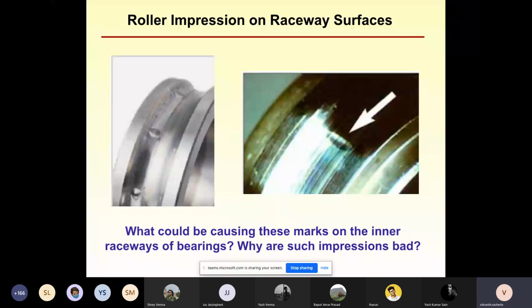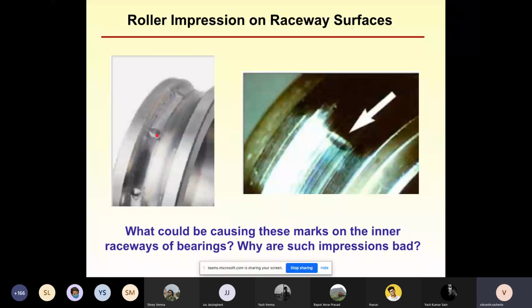It was improperly mounted with some misalignment, because of which the rollers were on the side instead of being in the middle. Also, during installation, if you apply a large load, somebody takes a hammer and chisel and starts to push the bearing onto the shaft, then this can happen. During installation, the bearing is not rotating.